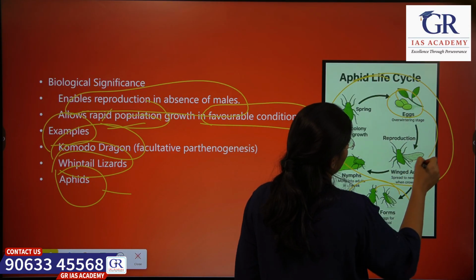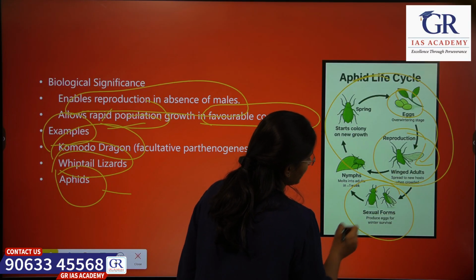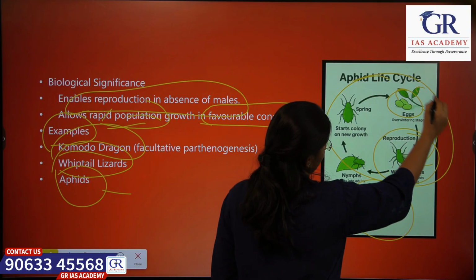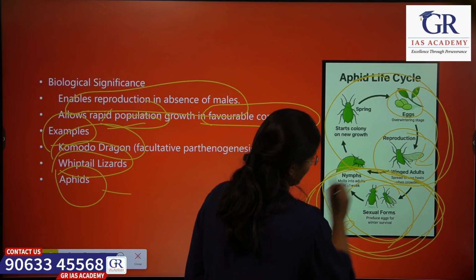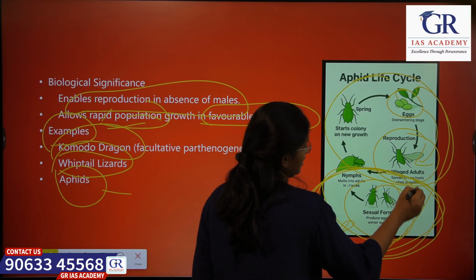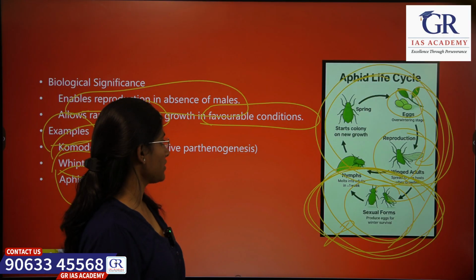Directly the egg will continue the reproduction cycle without involvement of the male. Okay, this is the regular reproduction cycle. So without this, it happens in parthenogenesis.